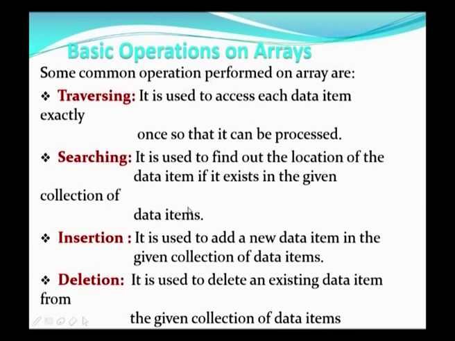For example, if an array has 20 elements, you can search whether a particular element is found in that array or not. If the element is present, it returns that position or index, otherwise the element is not found.